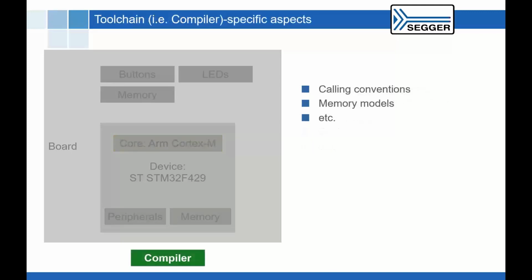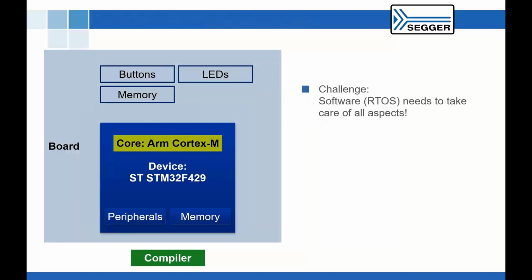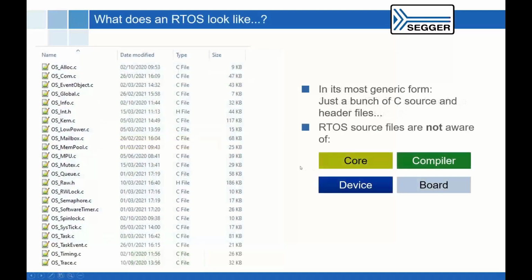And then last but not least, the compiler obviously needs to support the architecture of the device or the core and the instruction set. But you also have to worry about calling conventions, memory models, and things like that. And so the challenge is that your software, specifically the RTOS kernel, definitely has to take care of all these aspects of your system here.